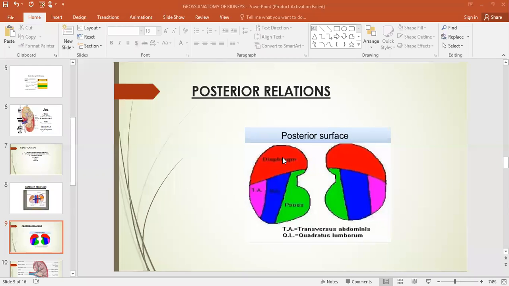Posteriorly lie the diaphragm, transverse abdominis muscle, psoas muscle, and the quadratus lumborum. Also the costodiaphragmatic recess of the pleura and the rib muscles. These are the posterior relations of the kidney: diaphragm, transverse abdominis, quadratus lumborum, and the psoas.